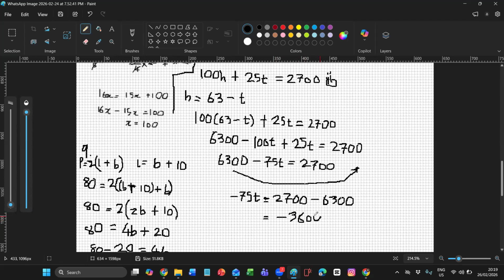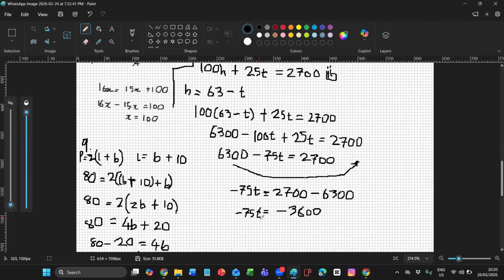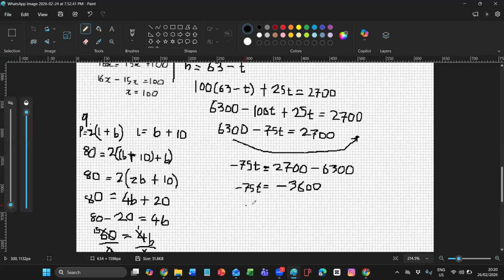So I'm now left with this setup. Of course I can see that minus will cancel minus. We're going to now divide both sides by minus 75, right? Yes, sir. So T will be equal to minus 3,600 divided by minus 75.